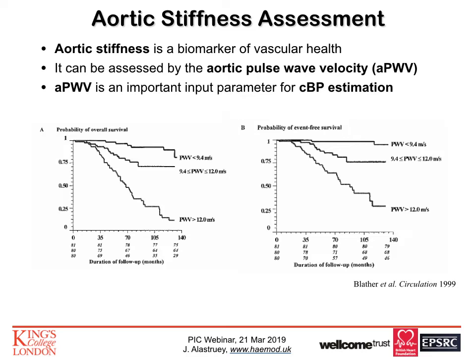The plots show the probability of overall survival and event-free survival, and we can see that both decrease considerably with increasing pulse wave velocity. Aortic pulse wave velocity is also an important hemodynamic parameter for calculating central blood pressure from aortic flow, as we have previously seen.